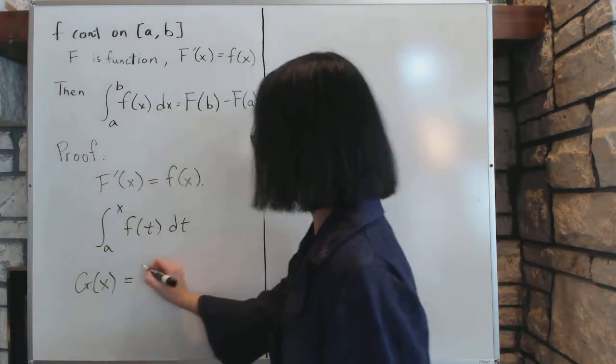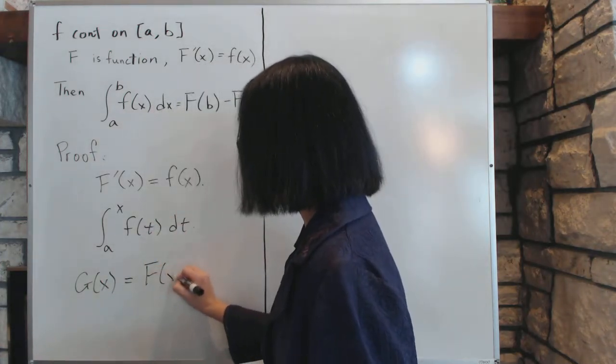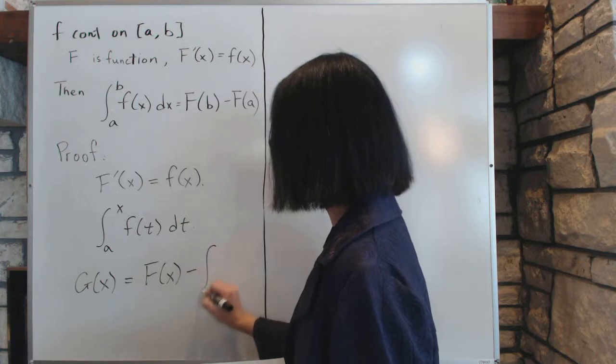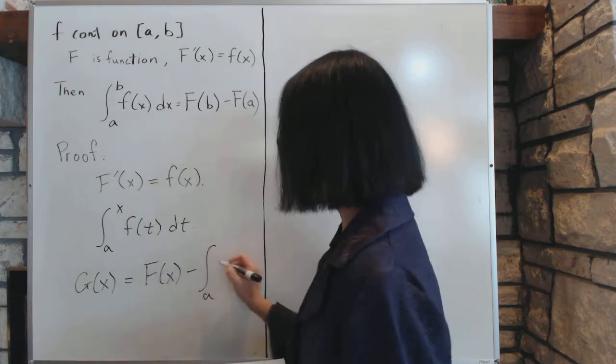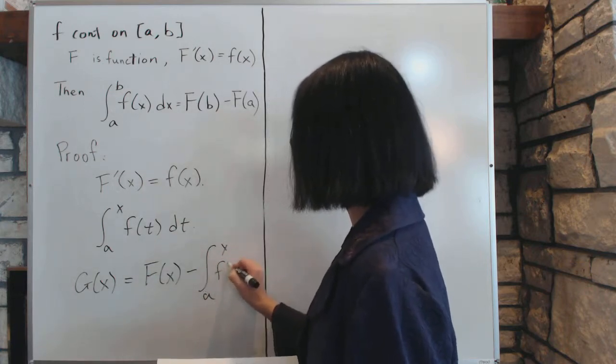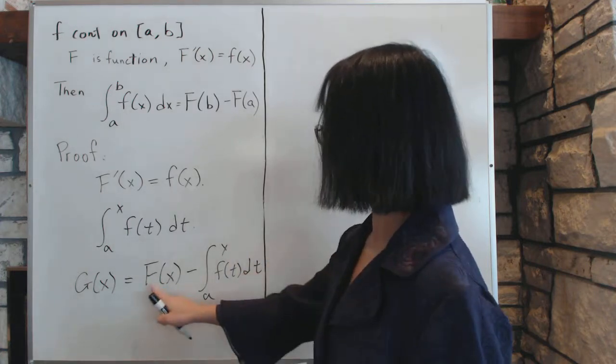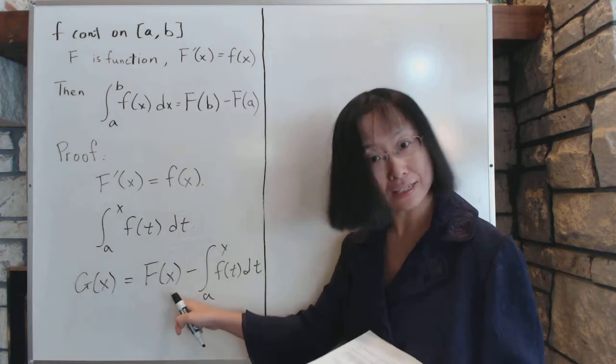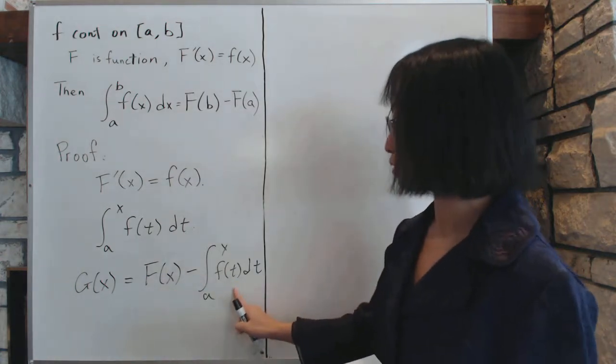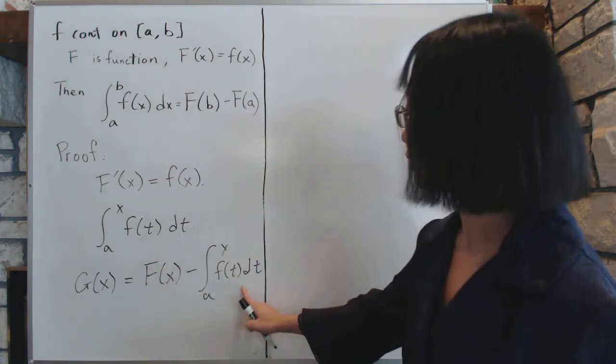We'll define g(x) as F(x) minus this thing right here, the integral from a to x of f(t) dt.